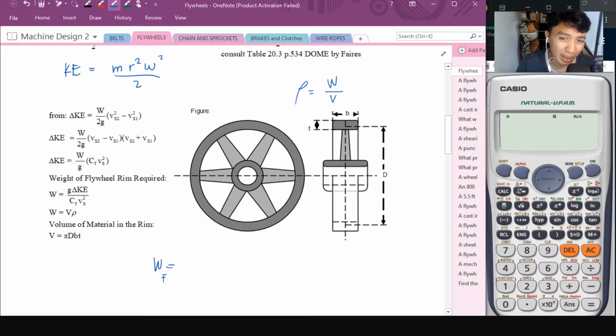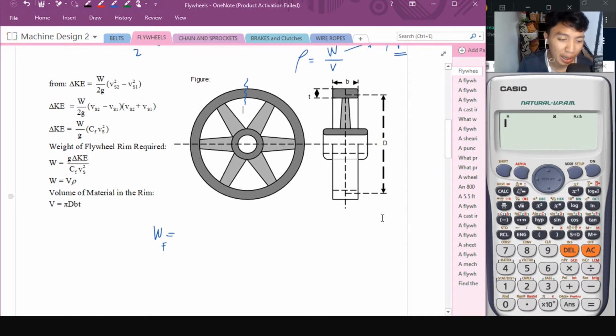The weight of the flywheel can be determined using this formula: density multiplied by volume. The volume of the flywheel, if we cut the flywheel in the middle and stretch it out, what will happen? You have something like a prism. When you cut the flywheel, you can form a prism.